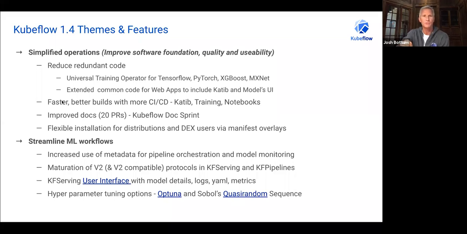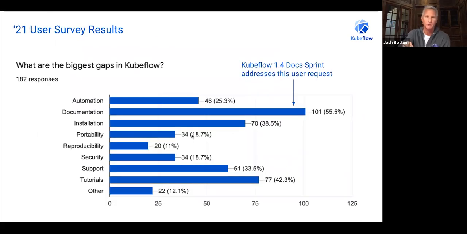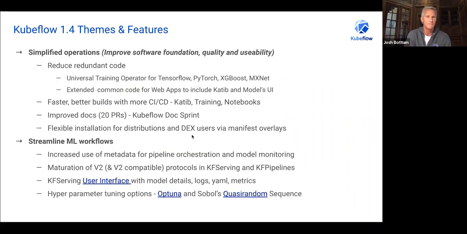You'll see faster and better builds with more CI/CD in many of Katib, training, and notebooks. The doc sprint we'll talk about a bit, and then flexible installation for the distributions and the Dex users using overlays. I think this is a really nice function.